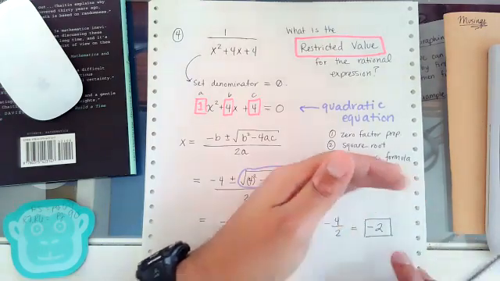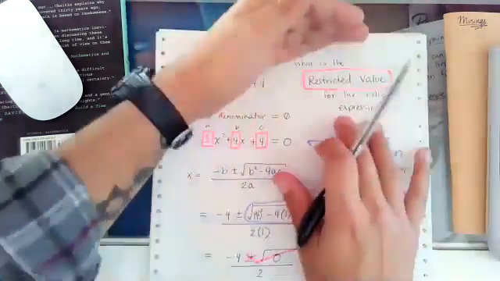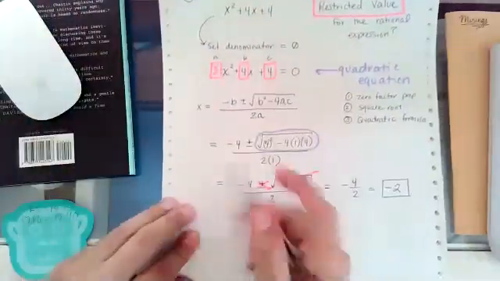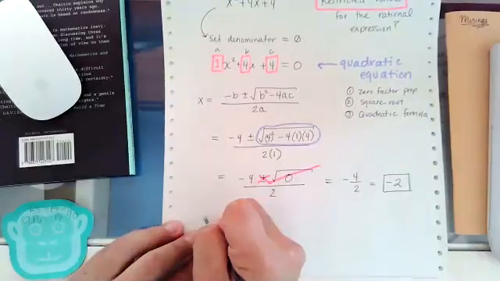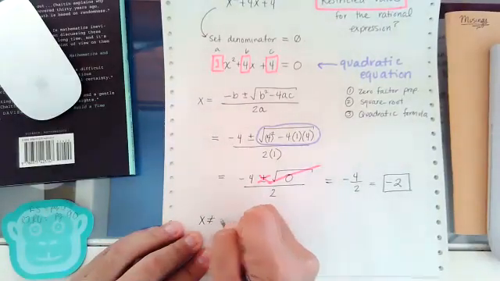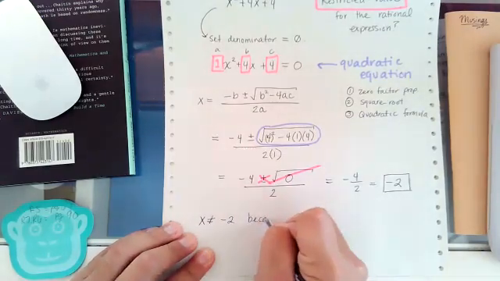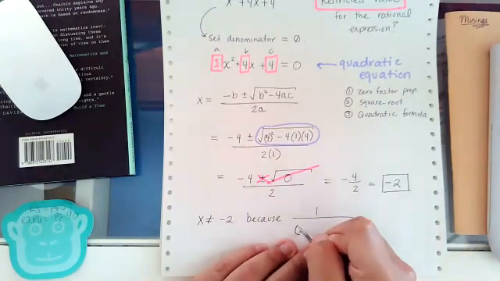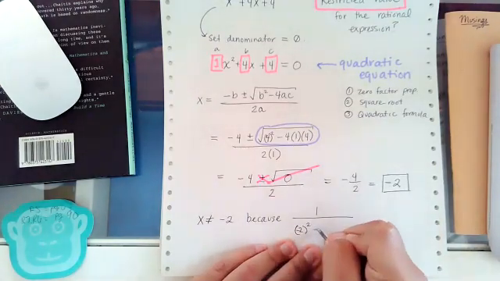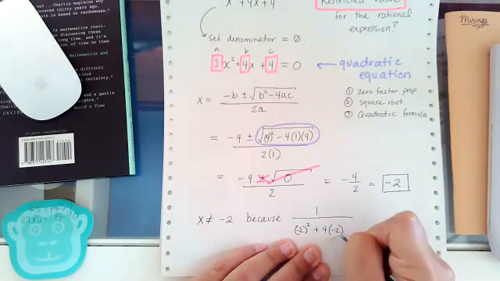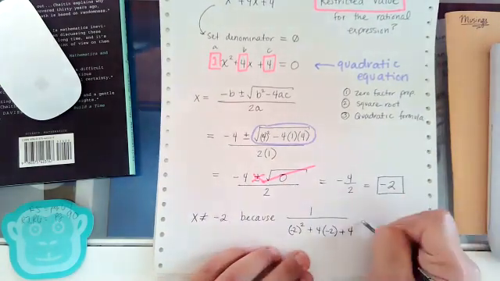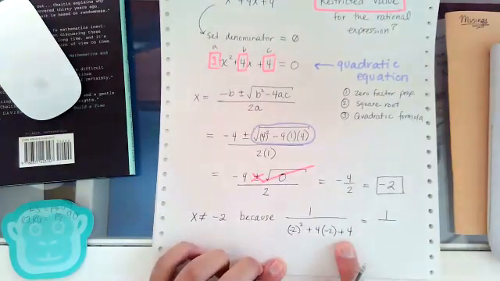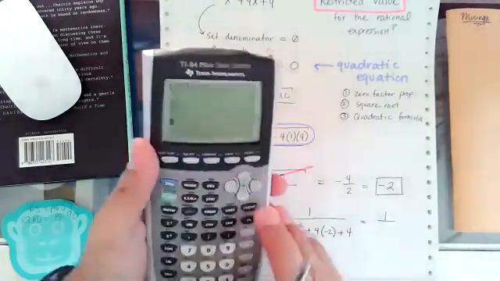Okay. So this number is the restricted value for this expression because, let me put it this way, x cannot be equal to -2. Because if I have 1 over -2 squared plus 4 times -2 plus 4, and I put this expression in the calculator, I'm just going to put the denominator, right?